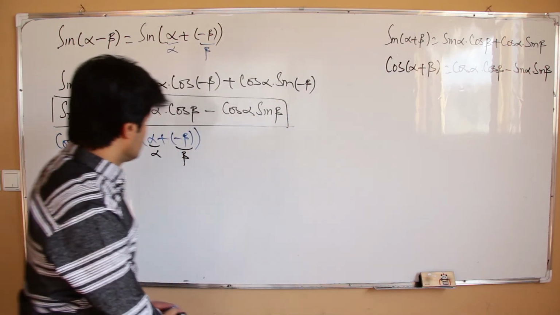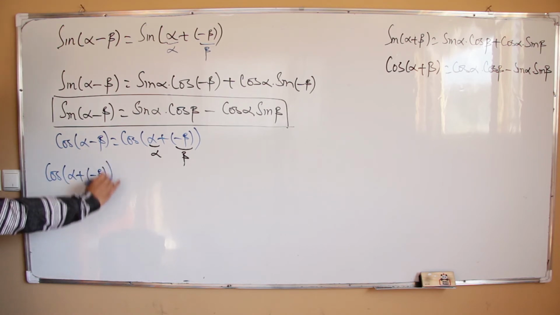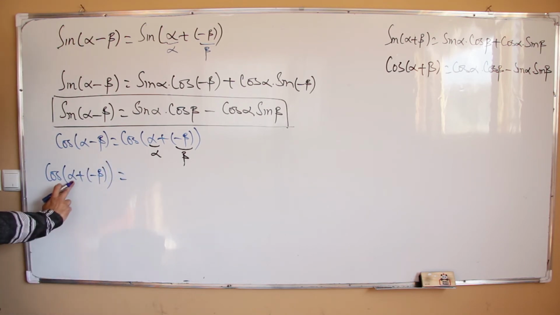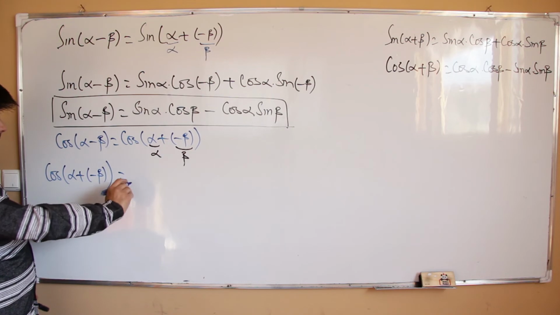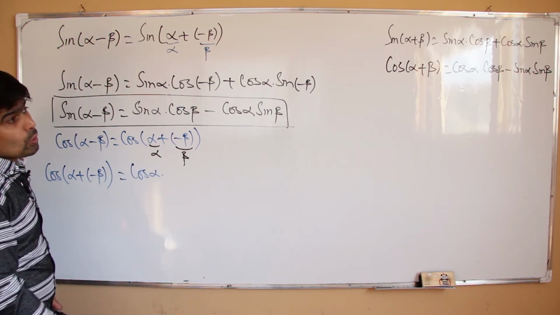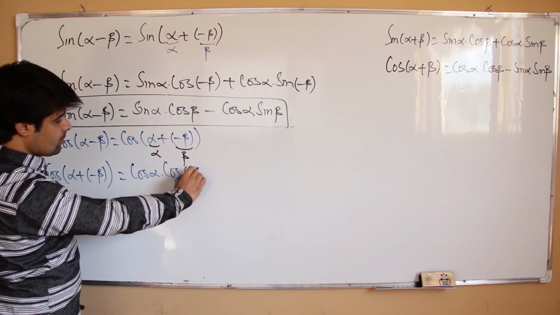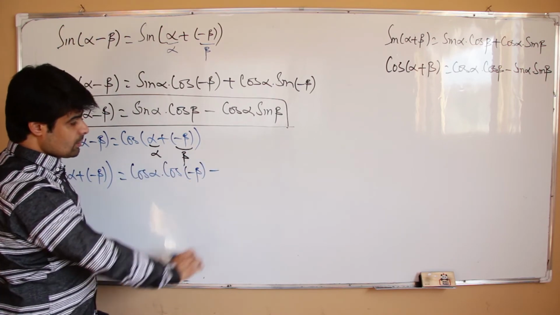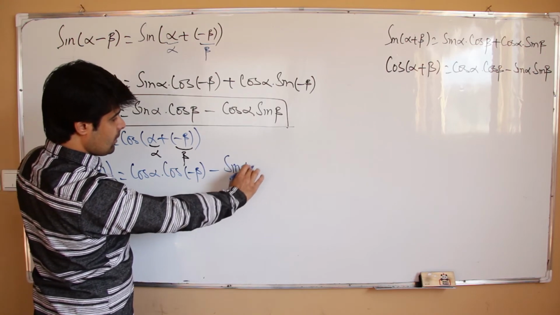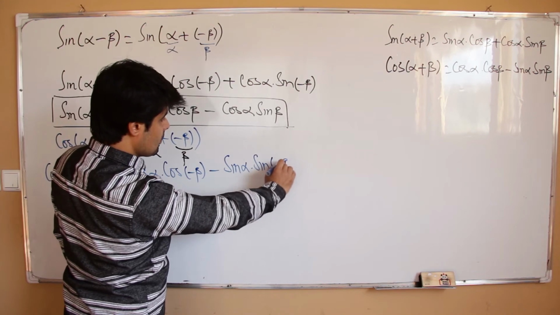Am I right? So here cosine of alpha plus minus beta is equal to, this is alpha, this is our beta, cosine alpha, alpha is alpha, times cosine beta, and instead of beta, negative beta, minus sine of alpha, alpha is alpha, sine of beta, beta is minus beta.